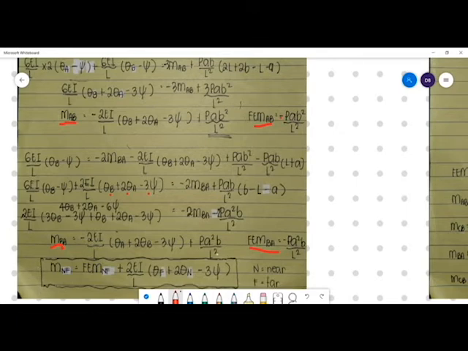In order to illustrate it further, let's try to solve a problem. By the way, this M sub N, our general formula for slope deflection, is the main ingredient in solving the moment.